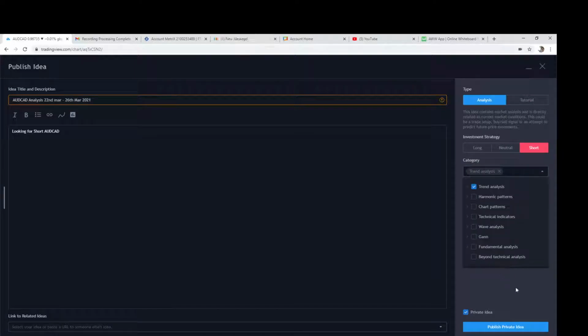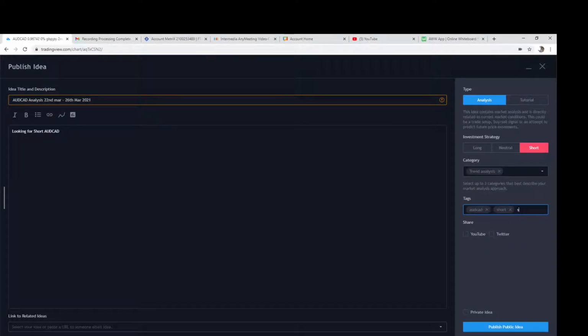That's one of it. Just put this one, text AUDCAD short, supply and demand, power section, and that's it.